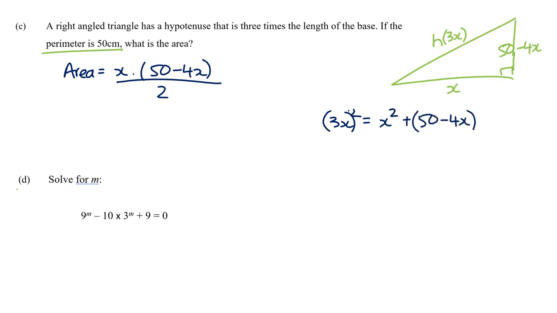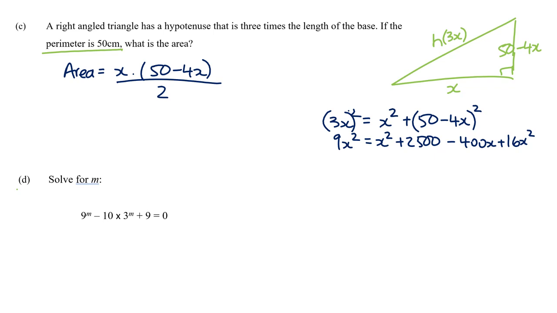Is that what you guys are saying? So if we expand all of that, we're going to get x squared plus 2500 minus 400x plus 16x squared. And this is equal to 9x squared.